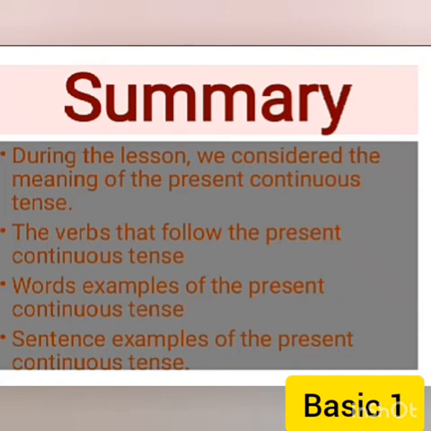And finally, we considered sentence examples of the present continuous tense. I believe that with this lesson, you now know what the present continuous tense is, the verbs that go with it, examples of it, and finally, how to use it in sentences.